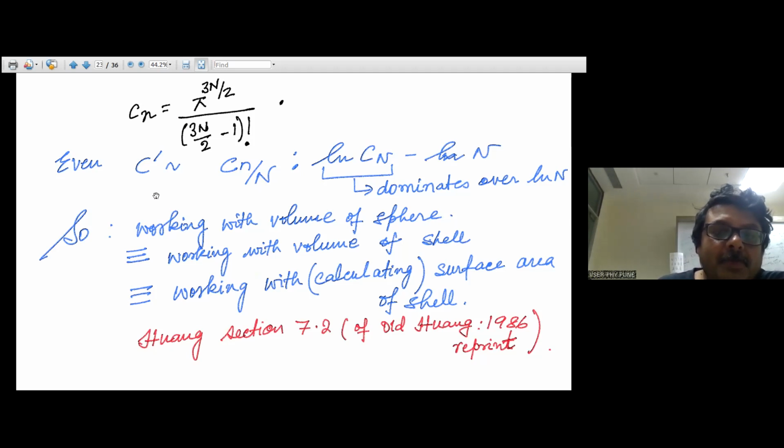So even if the system is between energy E plus dE, while calculating the entropy, whether we calculate the volume of the sphere and work with the expression of entropy coming from the volume of the sphere, or we calculate the volume of the shell and from there calculate the entropy and work with it, or if we work with, suppose, calculating the surface area of the shell, right?